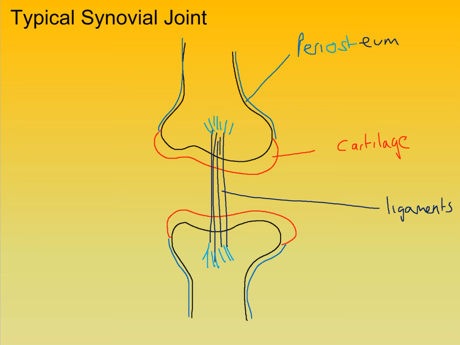Now, the actual joint itself is a sealed-in capsule, I suppose. The capsule itself has an inner lining, and that's called the synovial membrane.